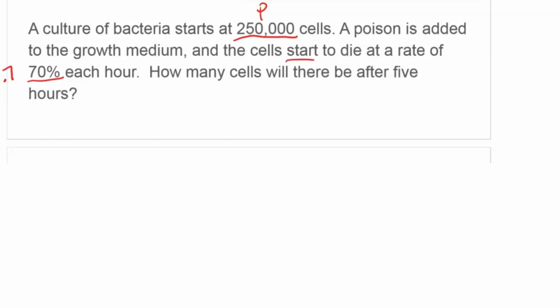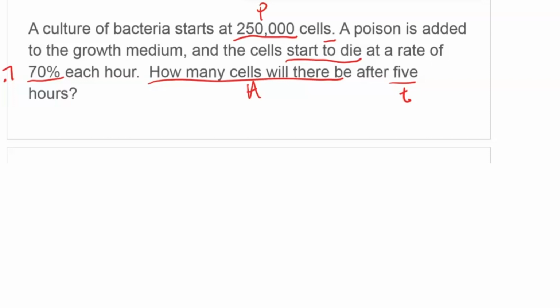And it says they start to die, so that means they are decreasing, so we're going to subtract in this equation. It's asking how many cells will there be after 5 hours. So 5 will be our time, and it's asking us for the a value. It's asking us how many will there be after the time has passed.